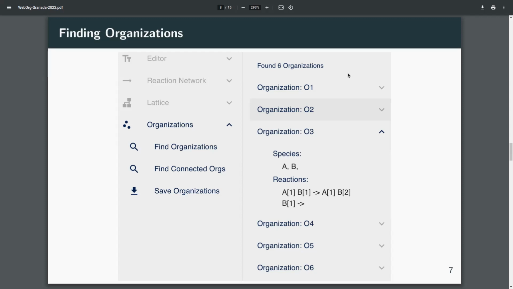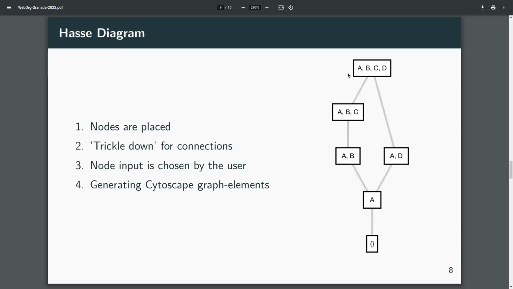So if we want to visualize these found organizations, we go to the Hasse diagram viewer of the software, and there's a little algorithm that generates these Hasse diagrams or lattices.